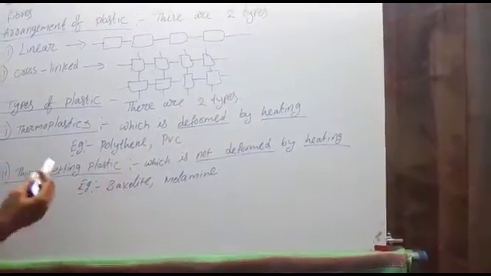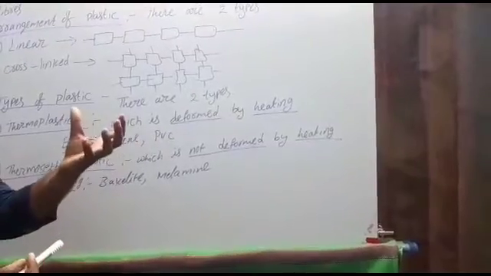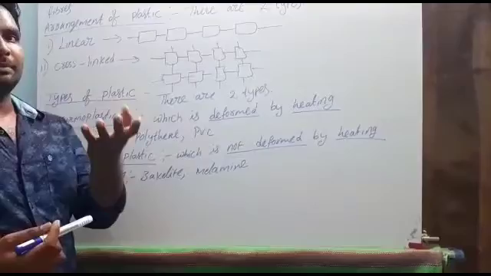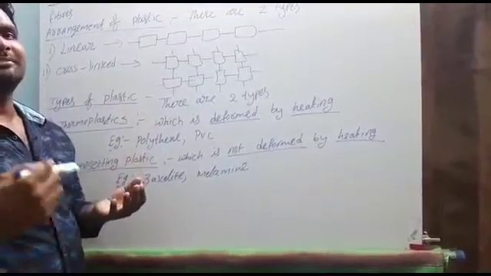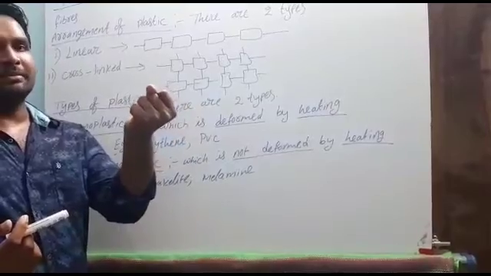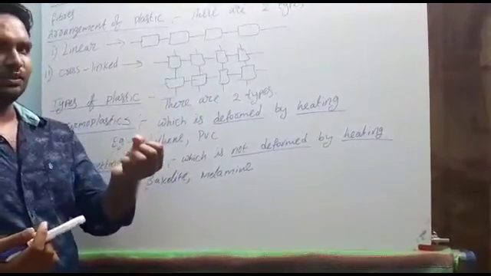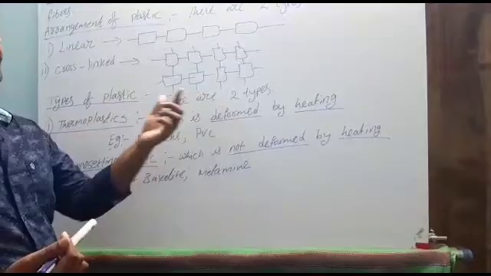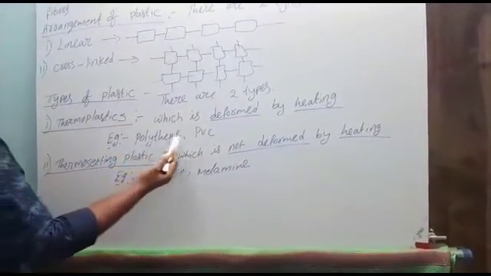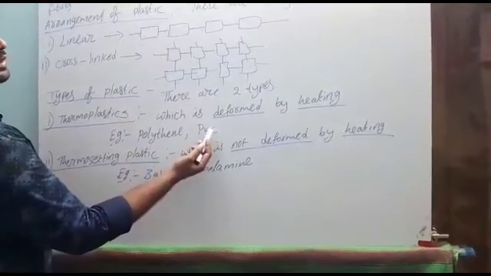When we heat that plastic, it is deformed. If we burn a plastic cover, it becomes very soft and smooth. Like that, it is deformed by heating. Examples: polythene and PVC, polyvinyl chloride.